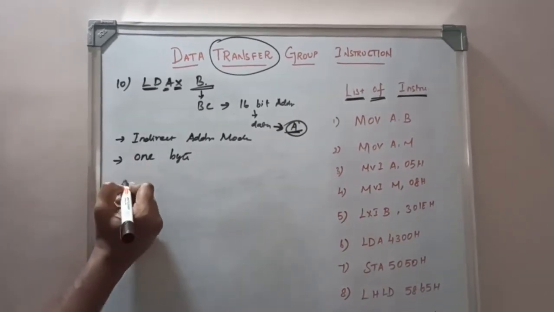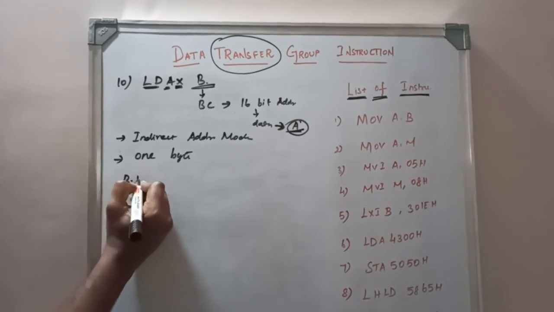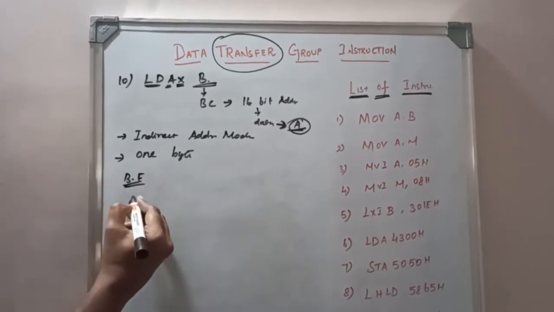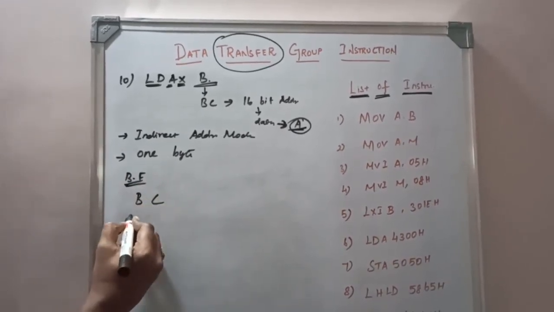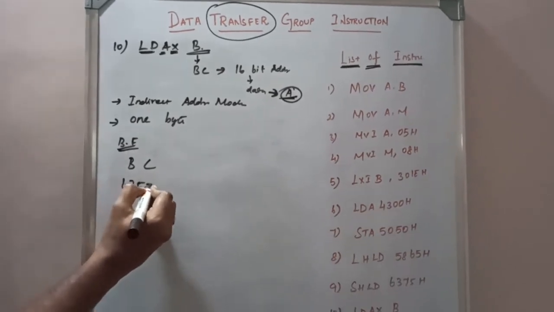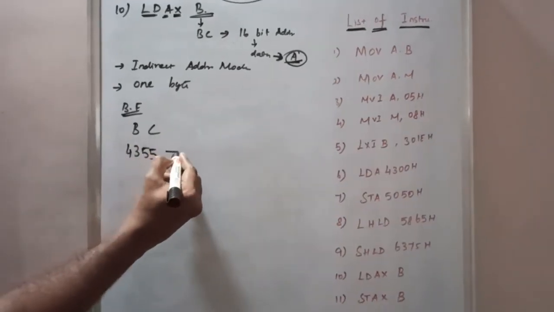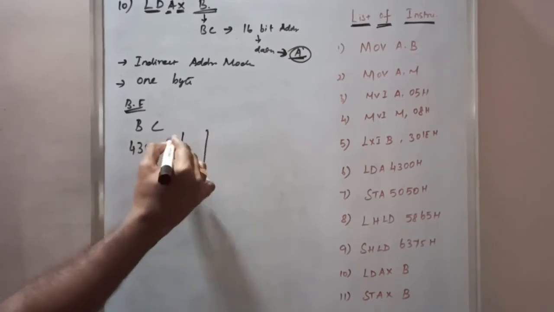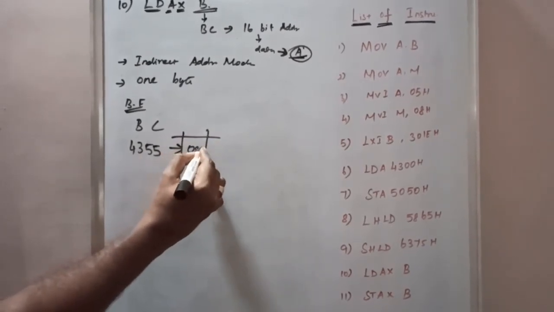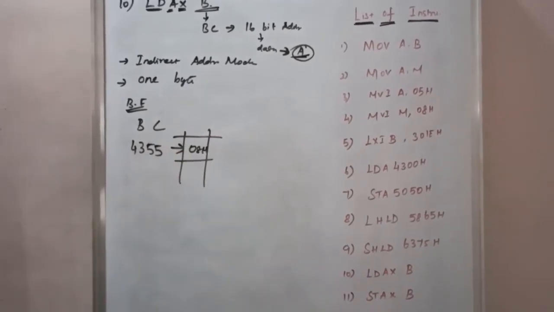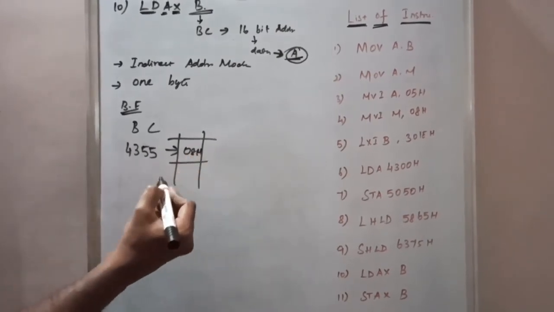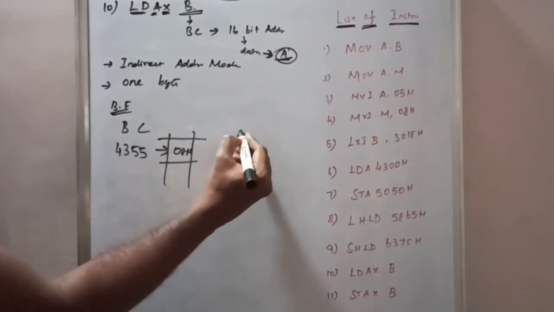Before execution of this instruction, the BC pair holds the address location, and that location holds one 8-bit data. This 8-bit data is transferred to the accumulator.